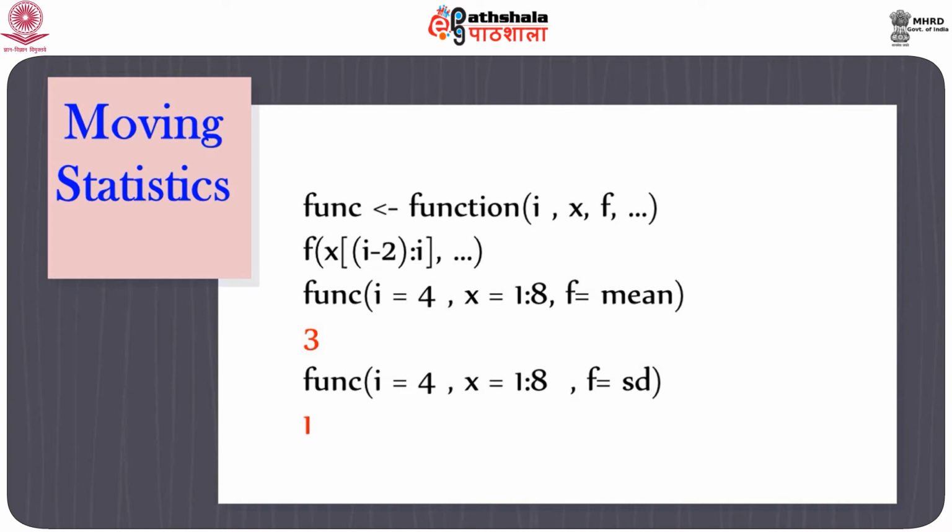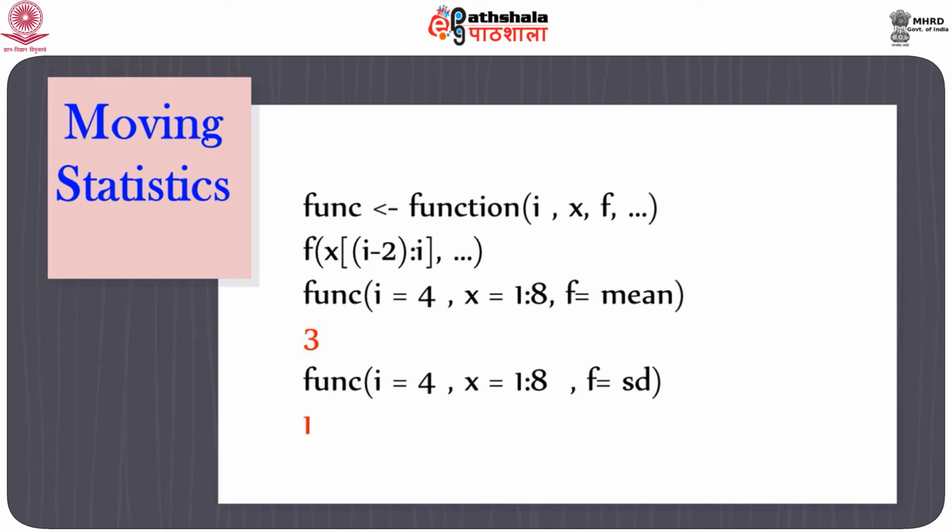So what func is doing is taking the values starting from the second and going up to the 4th value of x. So we are considering 2, 3 and 4, and then we are trying to get the mean of these 3, which is 3 itself. We all know that the mean of 2, 3, 4 will be 3. So it's very simple. So this is the answer that we are getting here.